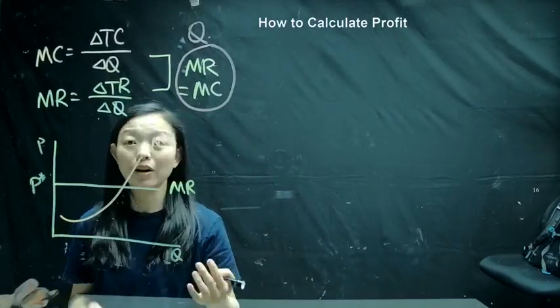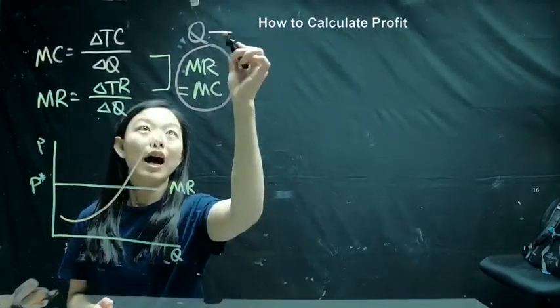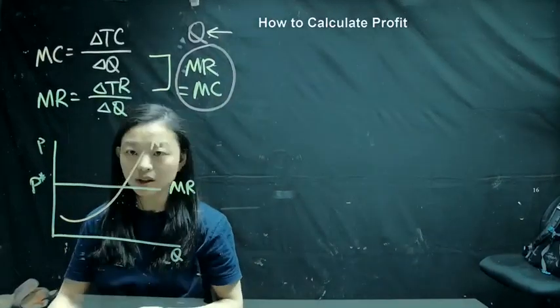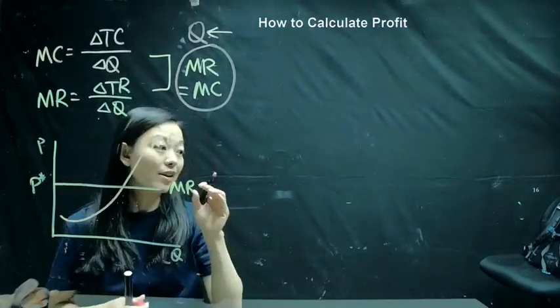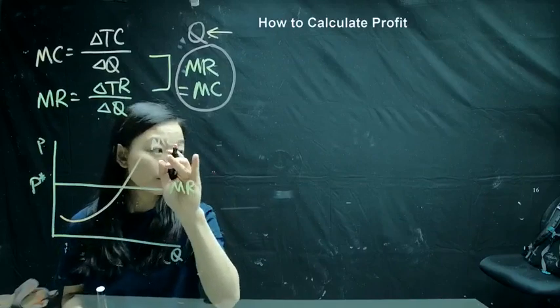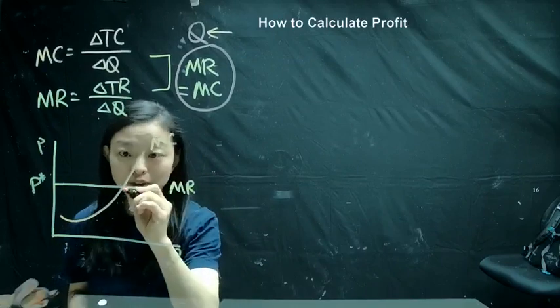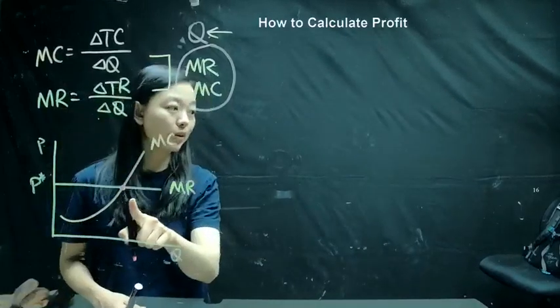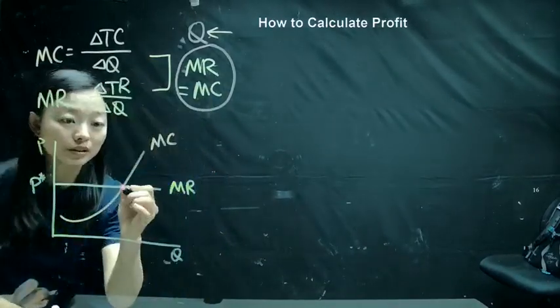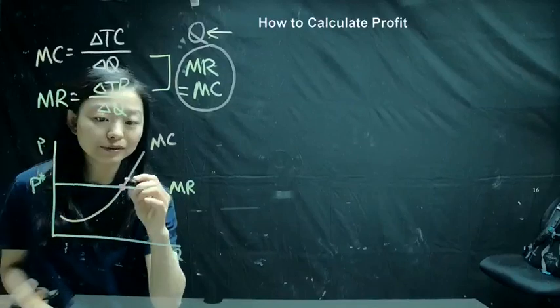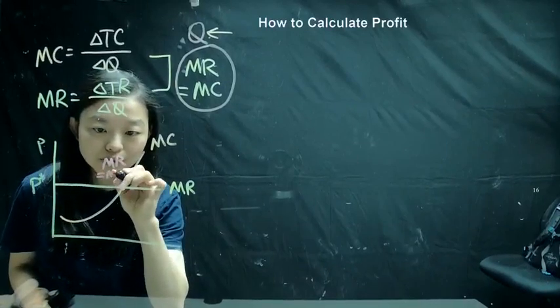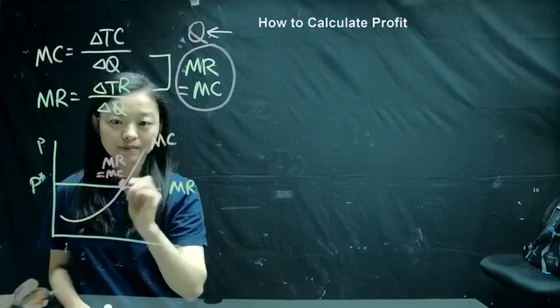And we need to find the output that can make marginal revenue equal marginal cost. So we need to find the intersection point of the marginal cost curve and the marginal revenue curve. At this point, look at this point, we have marginal revenue equal marginal cost, right?